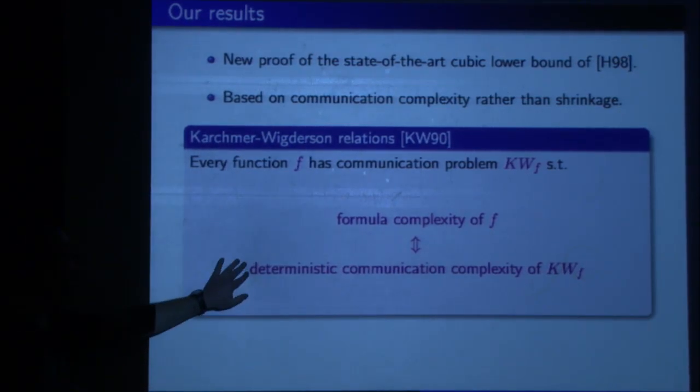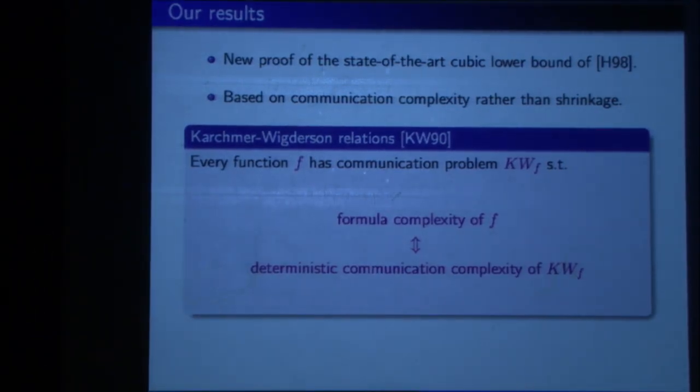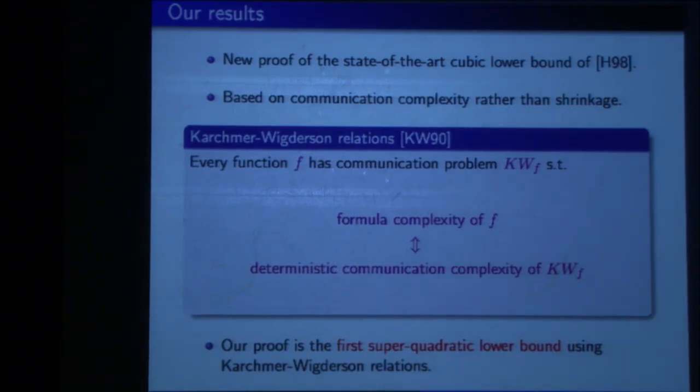And the deterministic here is important. We only consider deterministic protocols. And an interesting point about it is that our proof is the first super-quadratic lower bound that uses this technique.